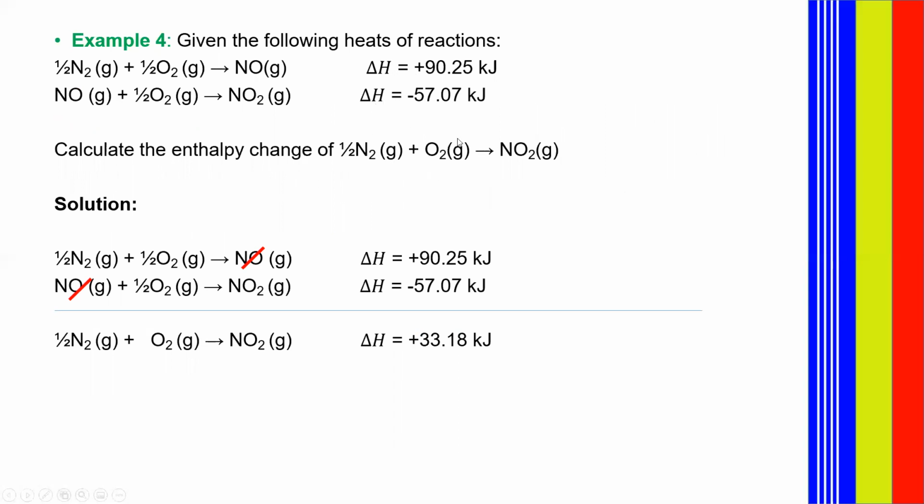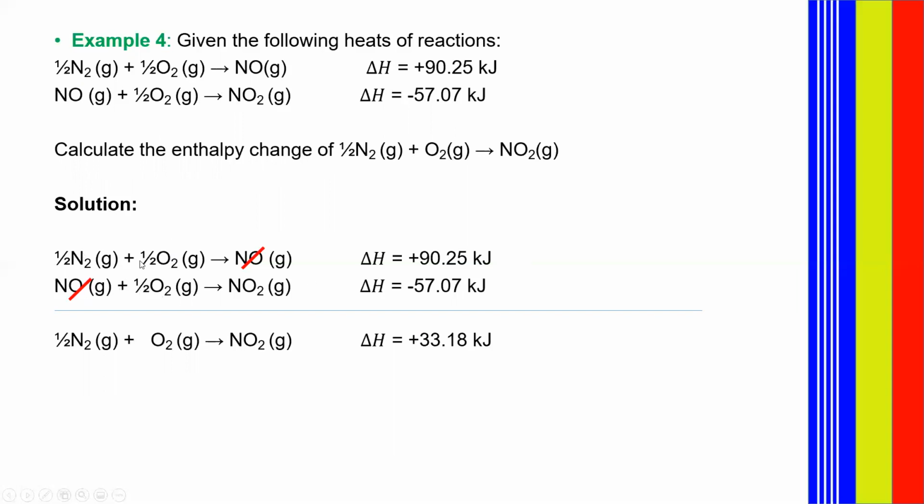So you have two reactions here, all right? And you want to find the enthalpy change for NO2. Looking at this, you have two equations that give you different delta H. Now find the enthalpy change for the formation of NO2. So here you have the first reaction followed by the second reaction.